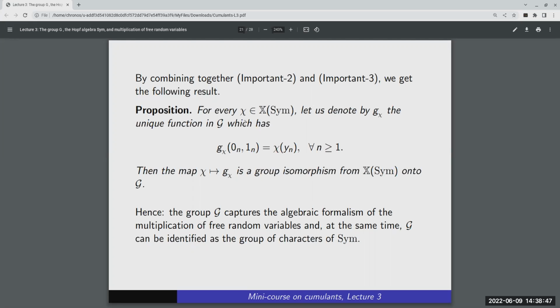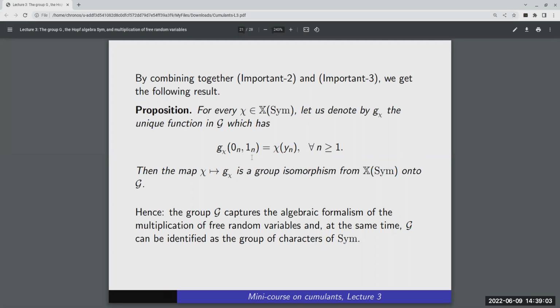For every character, take the multiplicative function which records the values of chi at the y_n's. Remember, for a multiplicative function, this sequence of values at 0, n, 1, n is what determines the function.